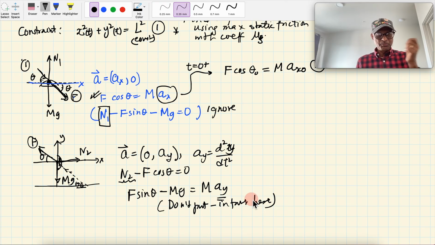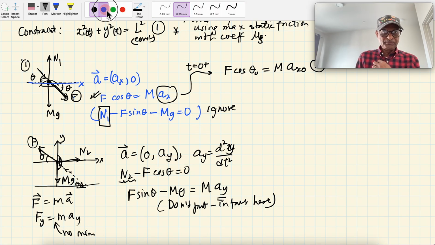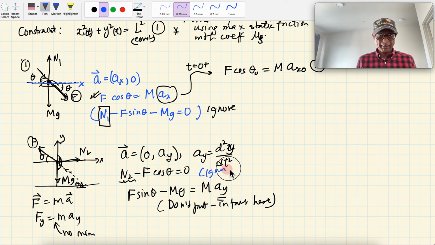So many times you learn to put the minus sign in front of things rather than relying on the calculation to bear it out. So we're basically writing F equals ma, the equation is Fy equals may, no minus. So this one we ignore, but this is the equation we're going to have. Let's call it equation 3.